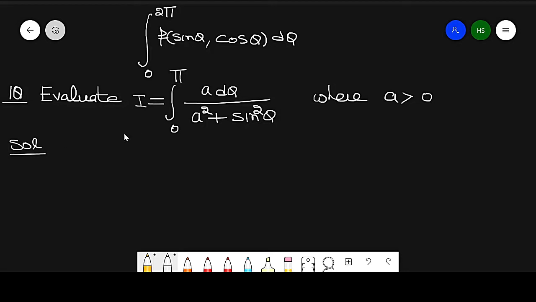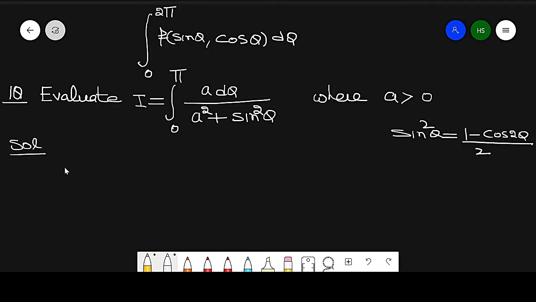Now, first we know the value of sine square theta. So what is the value of sine square theta? This is equal to (1 minus cos of 2 theta) by 2.